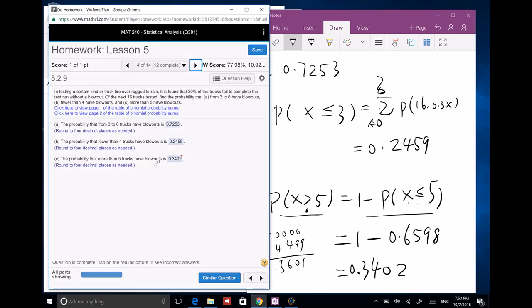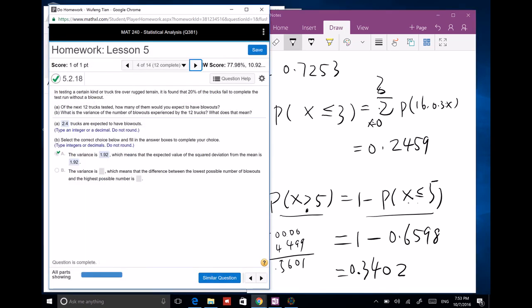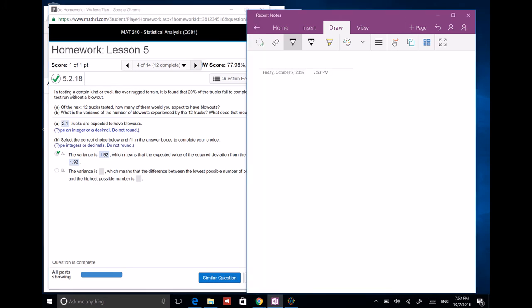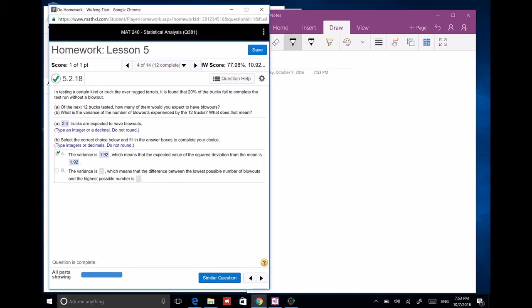Next one, but this is how you do that, right? Okay. And the next one is testing a certain kind of truck tire over rugged terrain. It is found that 20% of trucks fail to complete the test run without blowout. Of the next 12 tested, how many would you expect to have blowouts?